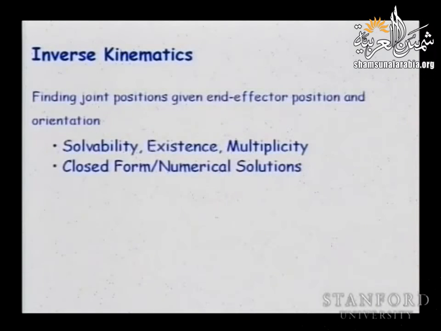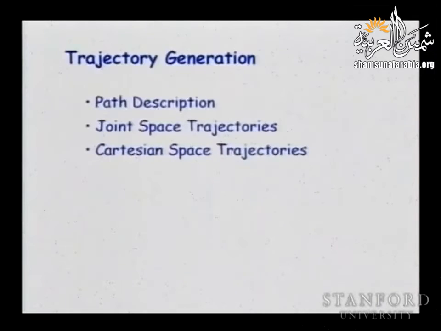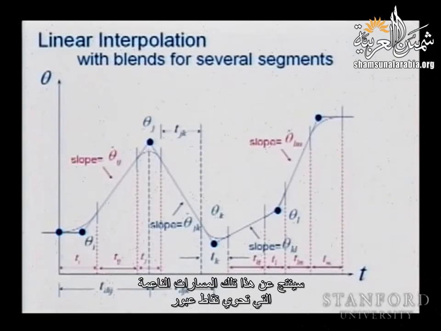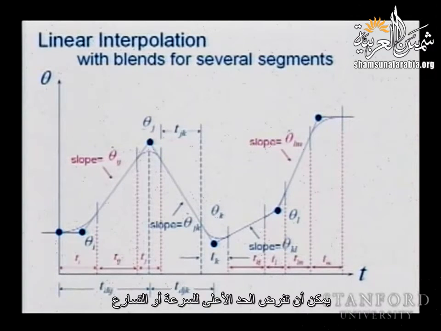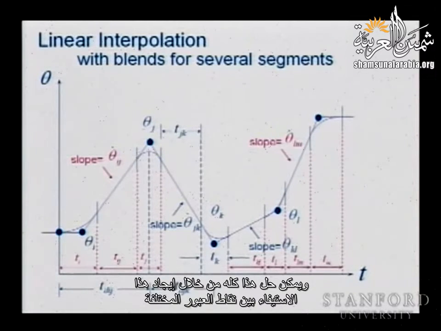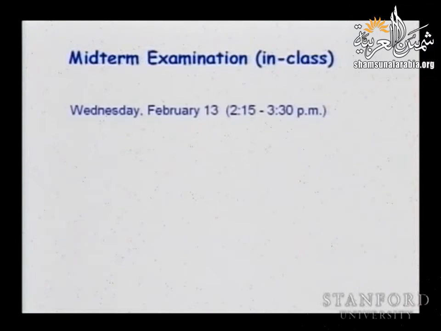So these, I'm going backward. So these will result in smooth trajectories that could have via points, that could impose upper bounds on the velocities or the accelerations, and resolving all of these by finding this interpolation between the different points.